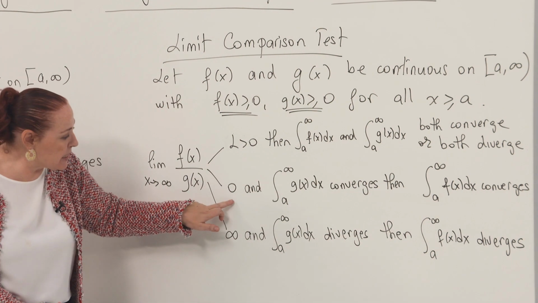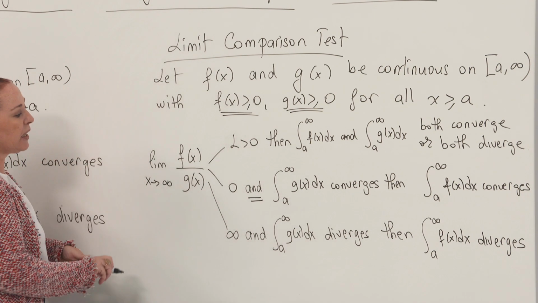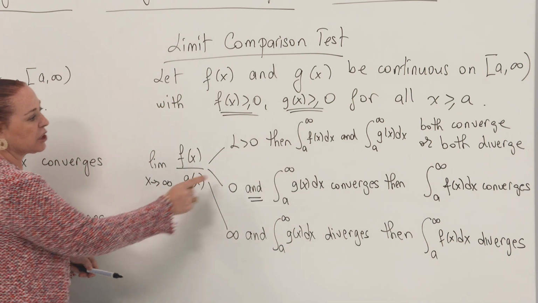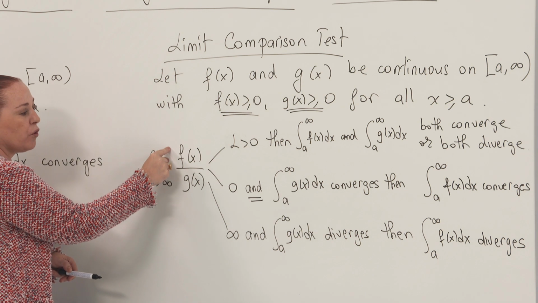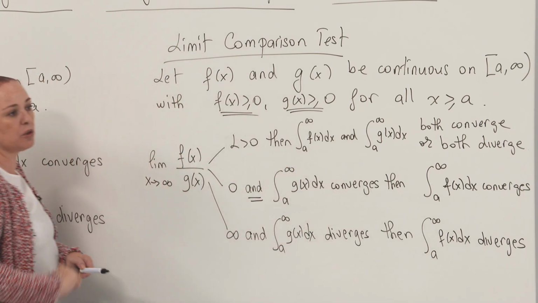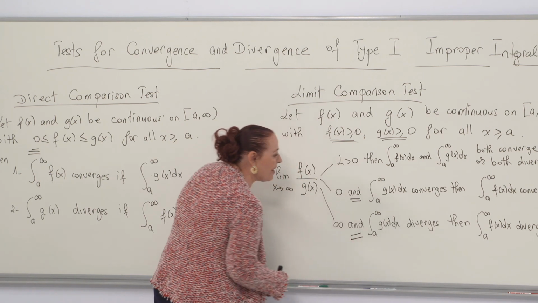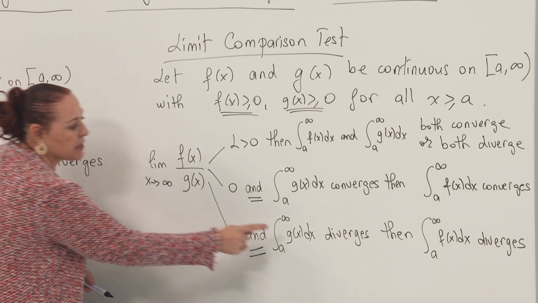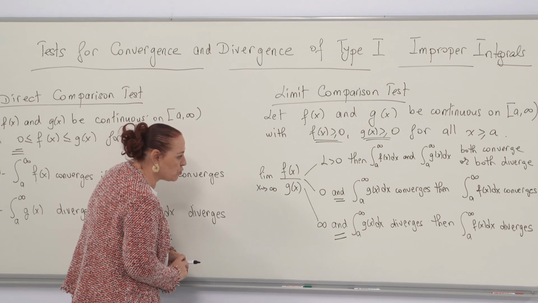If this limit is 0, I have an extra condition. If this limit is 0 and the one in the denominator converges, the one in the numerator also converges. If this limit is 0 and this is divergent, it doesn't work. If this limit is infinity, then I have an extra condition: if the one in the denominator is divergent, the one in the numerator also diverges.